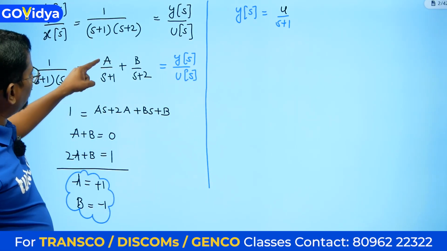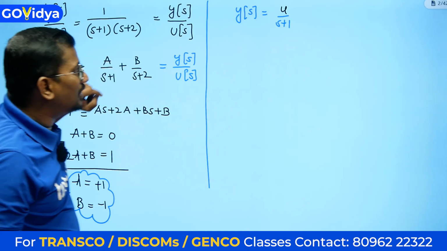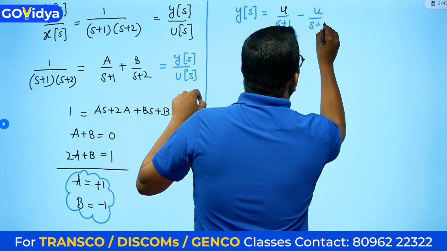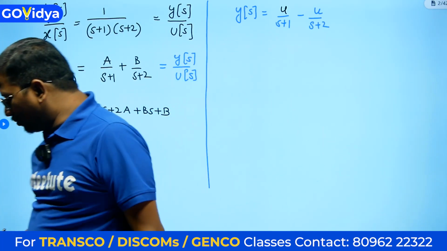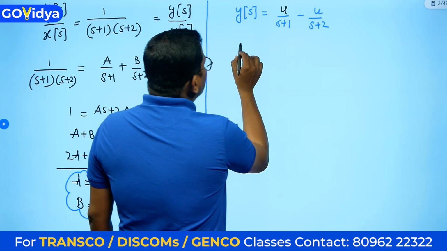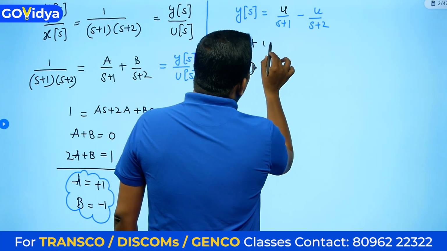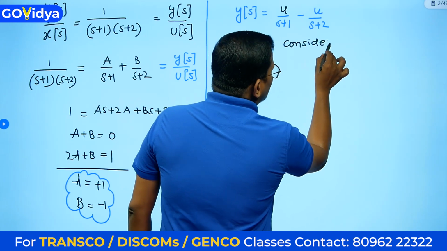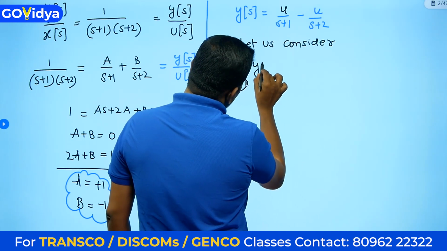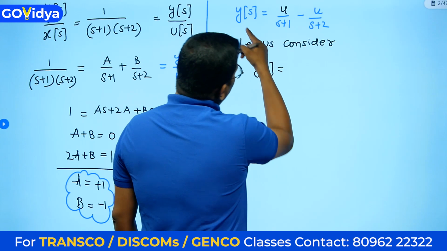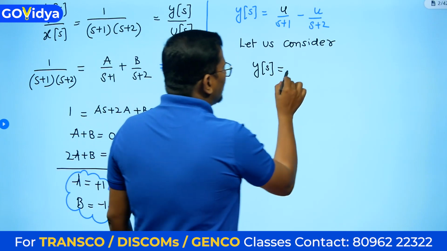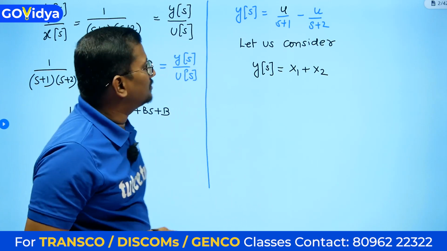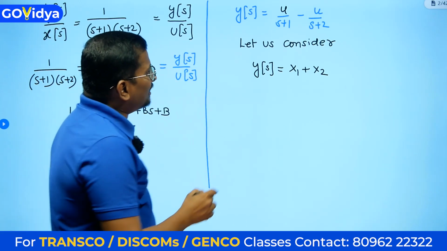After getting A, I kept it here, multiplied with u. Y of s is equal to u by s plus 1 minus u by s plus 2. Right? Let us consider this y of s like this: x1 plus x2. Now, what is x1 here?